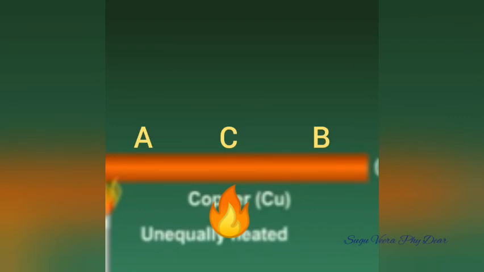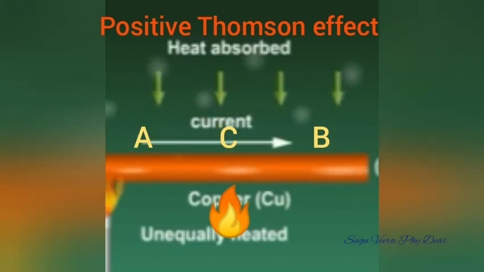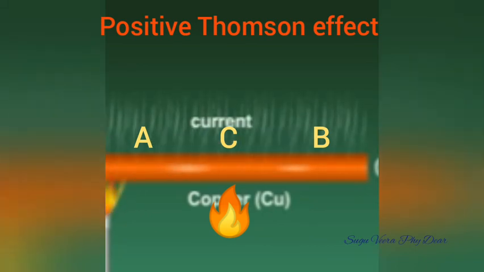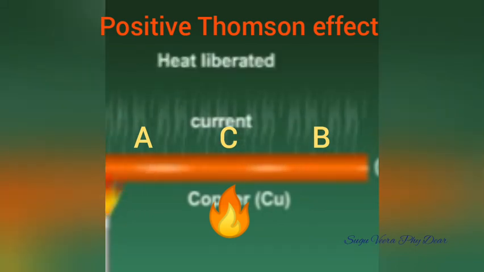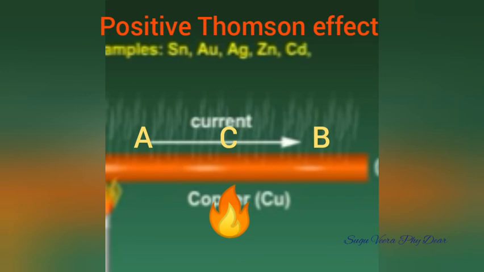If current is passed through a copper bar AB which is heated at the middle point C, the point C will be at high potential. This indicates that heat is absorbed along AC and evolved along CB of the conductor. Thus heat is transferred due to the current flow in the direction of the current. It is called the positive Thomson effect.